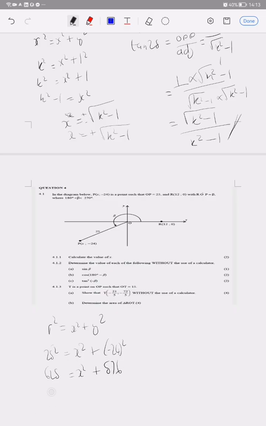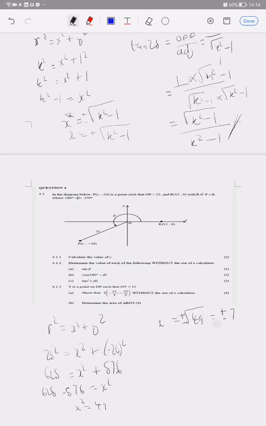Yes, so then we solve for x, which is 625 minus 576 is equal to x squared. So we are getting x squared is equal to 49. Then remember x is equal to plus or minus the square root of 49, so I'm going to get plus or minus 7.